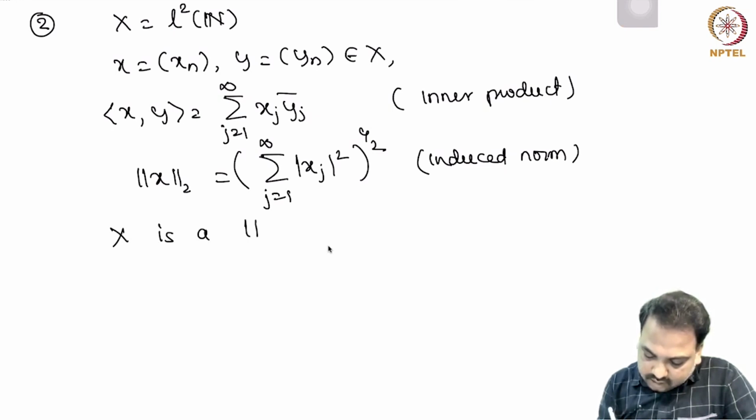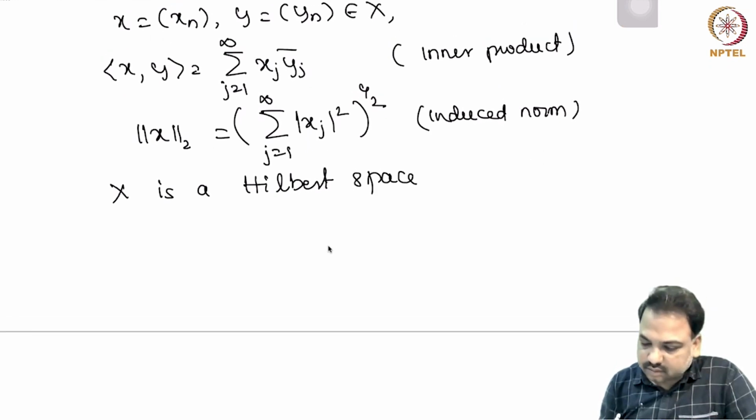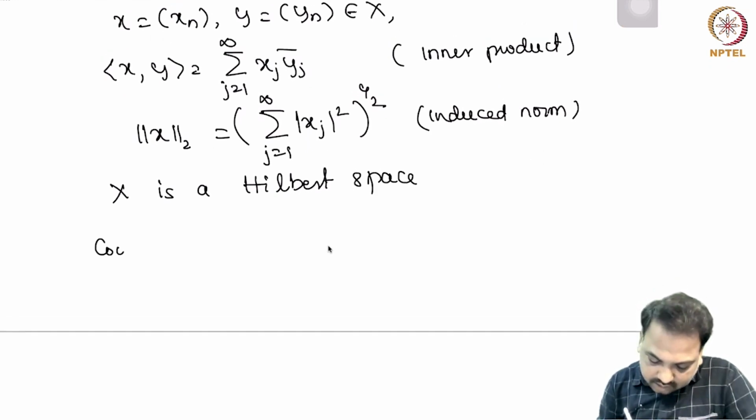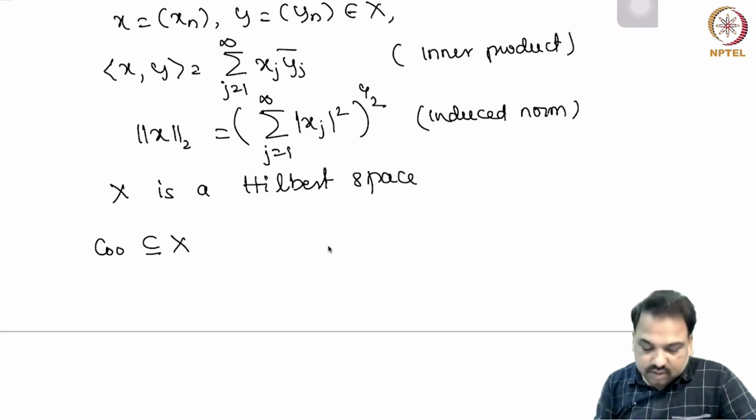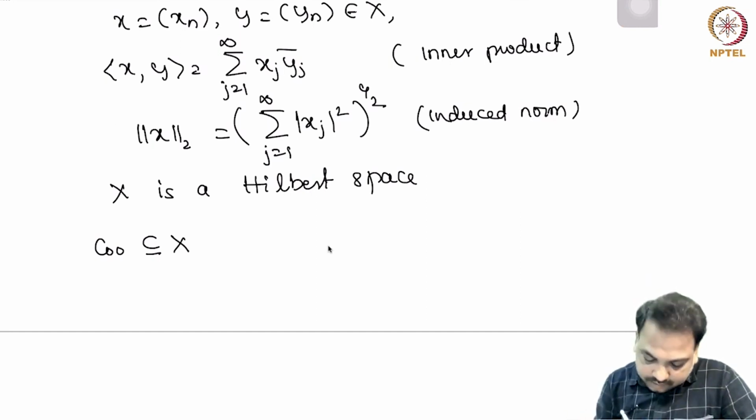X is a Hilbert space. Here if you look at c00, which is a subset of X, we can show that c00 is incomplete, hence we can say that this is not a Hilbert space.